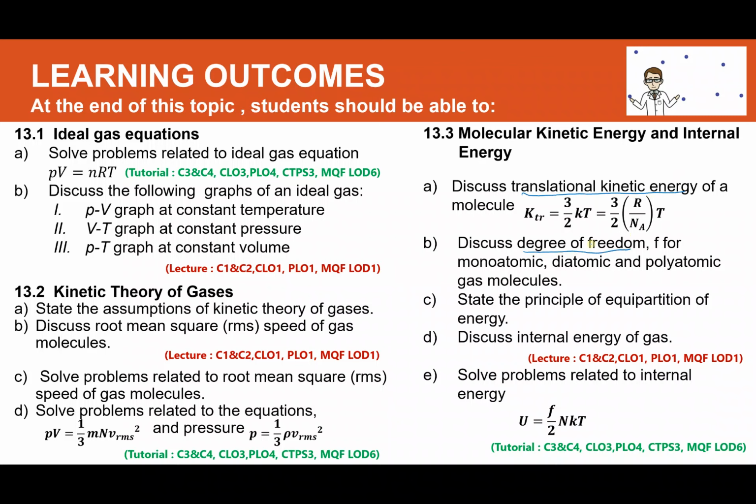After that, I'm going to talk about what is the degree of freedom for monoatomic, diatomic, and polyatomic gas molecules. And then after that, I'm going to talk about what is the principle of equipartition of energy. And lastly, I'm going to talk about the internal energy of the gas. Okay, so basically we have about 4 things that I'm going to cover in this video.